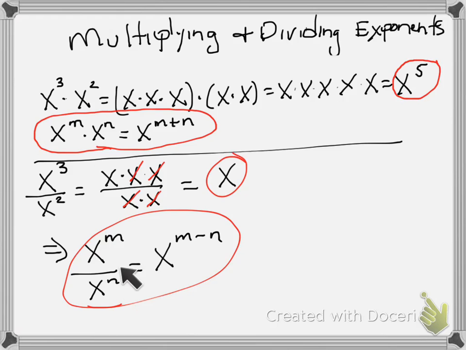Anytime we've got x to the m divided by x to the n, we're left with x to the m minus n. So in this example, m is equal to 3, n is equal to 2, and 3 minus 2 is 1, which in this case, x to the 1st power is x. Hopefully that's all very straightforward, but they're helpful tools.